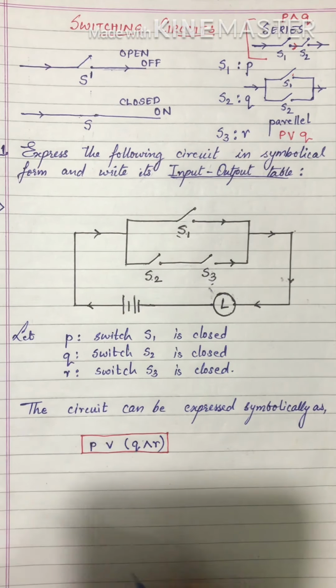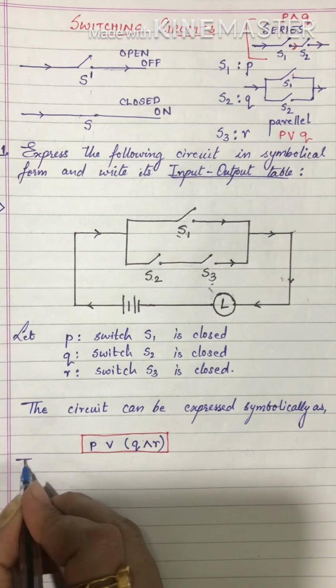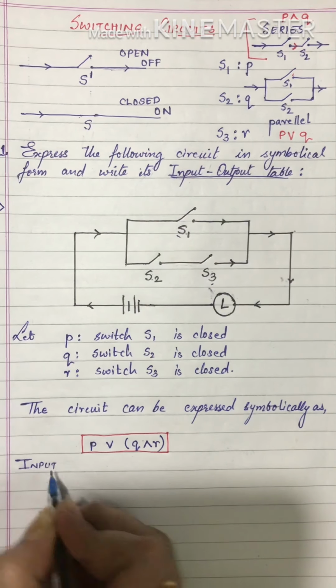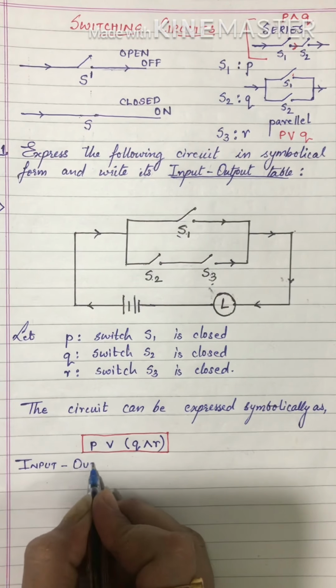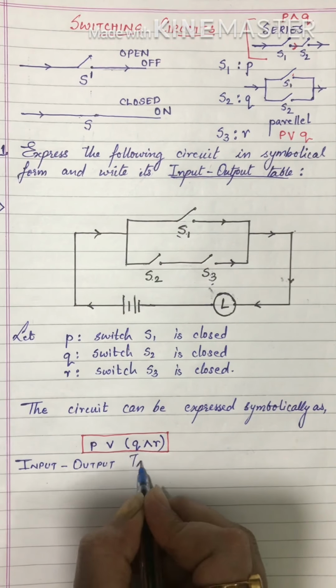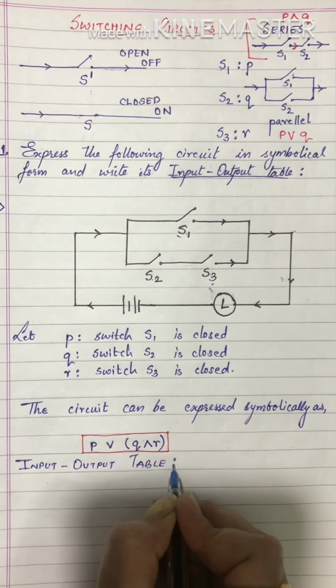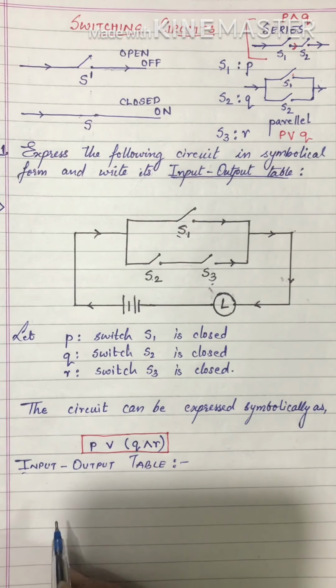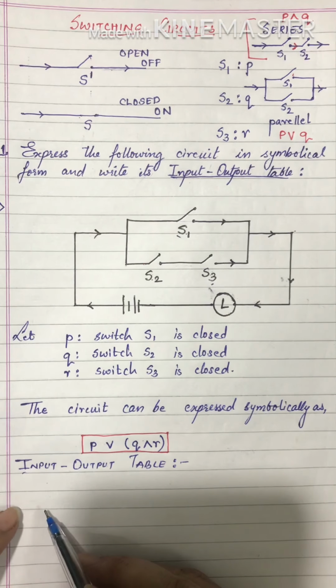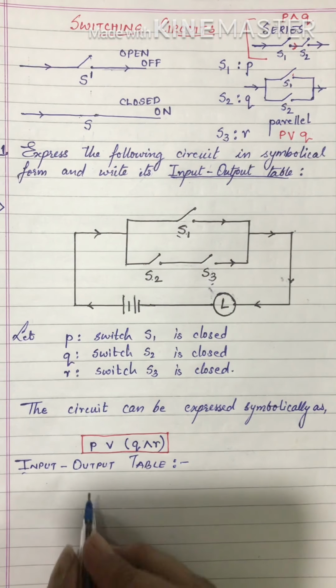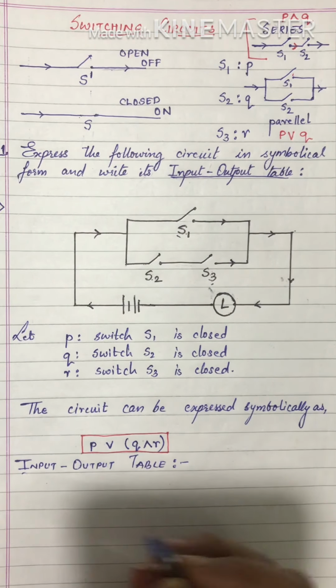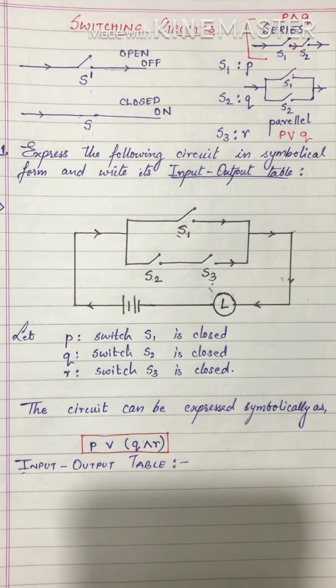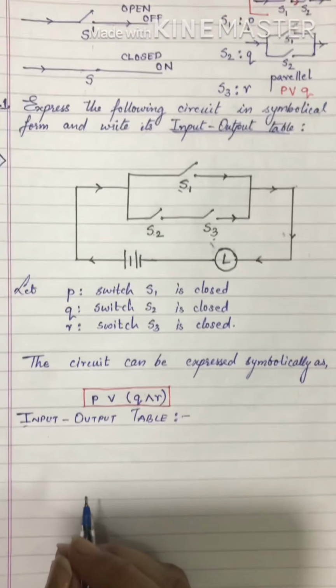Our next task is to make an input output table. So I write here next input output table. Now how we used to make a truth table, same way we have to make an input output table.